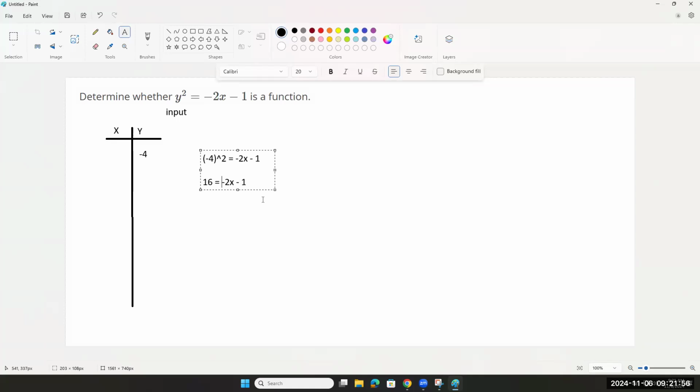And what I want to do, well, I'll do it in a new step. I'm going to take this, because that's where we're at. And I'm going to put that there, but what I'm going to do is add a 1 to both sides.